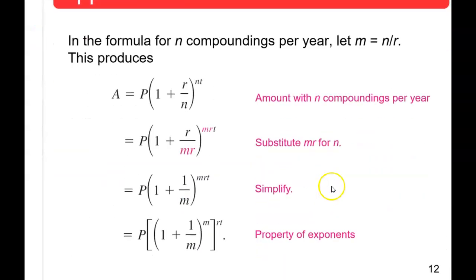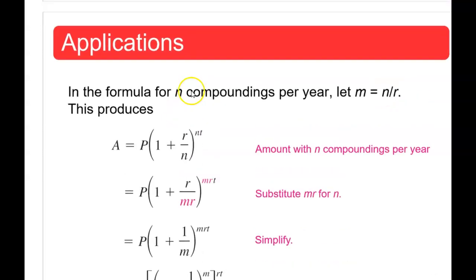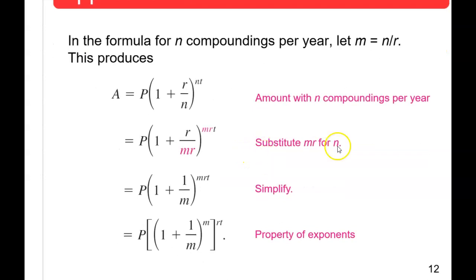Okay, so if we take the formula for compound interest as we have here, in fact, we let m equal n over r, meaning that n is equal to mr, as you could see here. And so we can see it here and here.